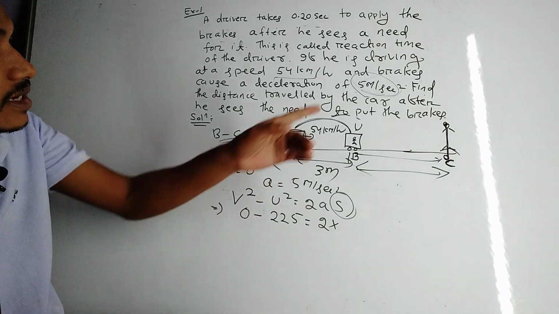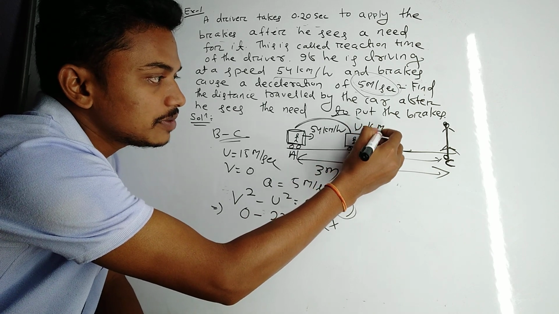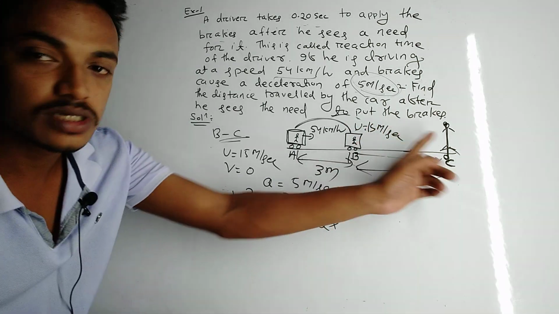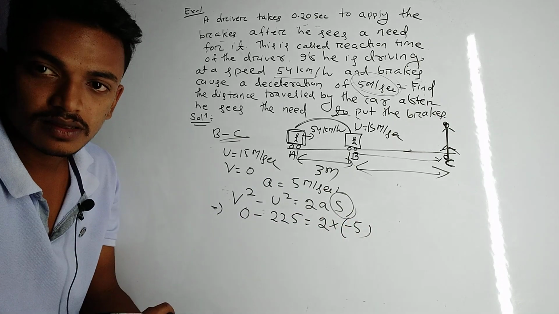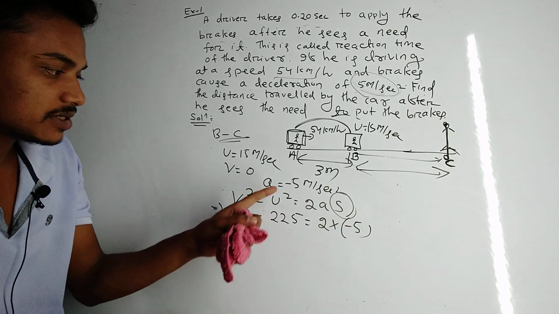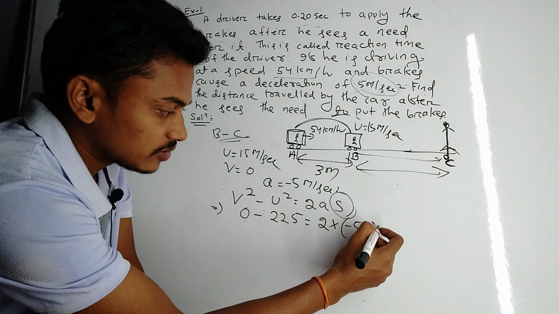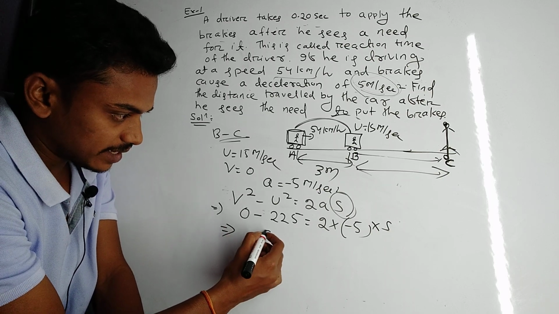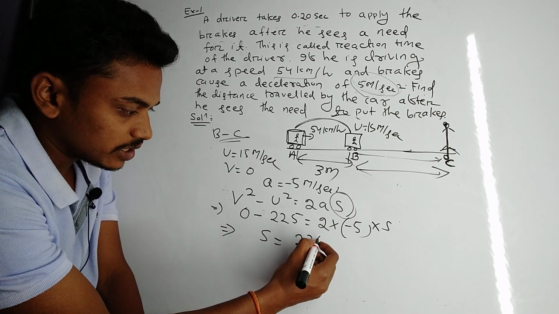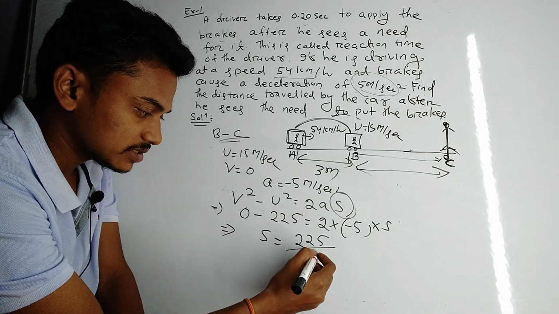See here, this is the retardation, which means speed decreases from 15 meter per second to 0. So acceleration will be negative here, minus 5, because the speed decreases. This implies s equals 225 by 2 into 5, that is 10.